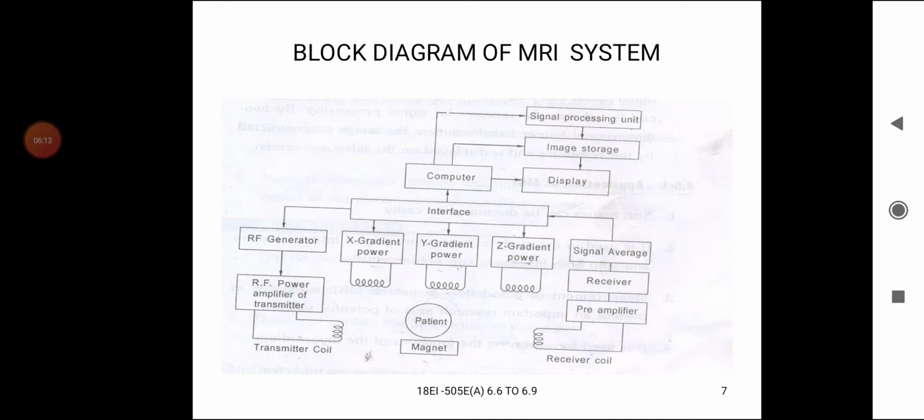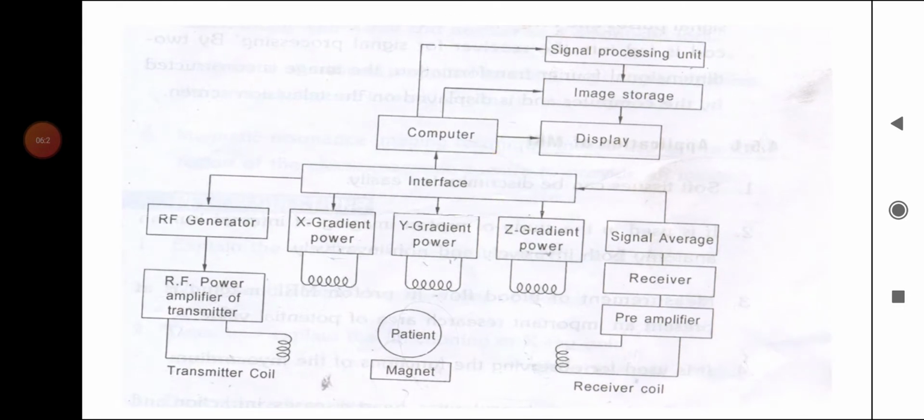We can see the block diagram of the system. Here the slide shows the block diagram of the MRI system. It consists of a computer. The computer is interfaced with the RF generator, X gradient coil, Y gradient coil, and Z gradient coil.